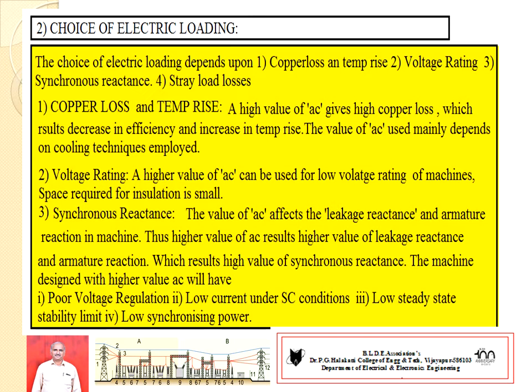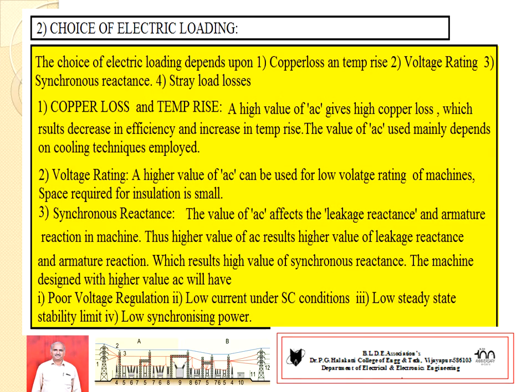Number 1, the name itself gives electric loading. It directly depends upon load current. When the current increases, the I square R loss increases proportionally. When we choose a higher value of AC, there is a proportional increase in current, which causes a proportional increase in copper loss.